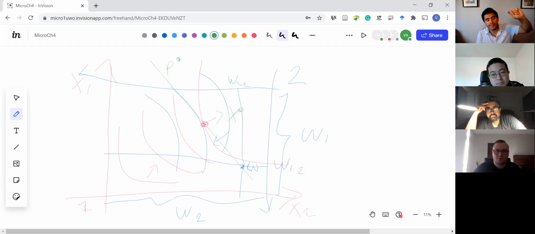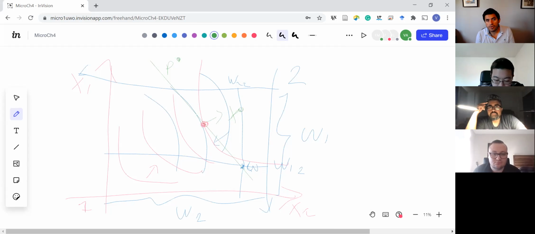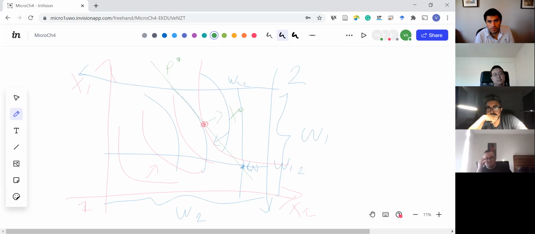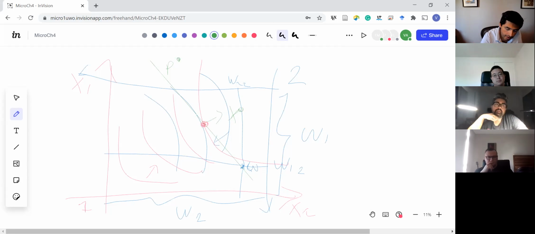The first point is the tangency of the indifference curves, and the second point is the endowment point. So this gives you the slope of the relative price. The price vector is all the combinations of P1 and P2 that lie on that line, the tangent line. So the slope of this red line is the price, the exchange rate between P1 and P2. So the slope here is P1 over P2 star, right?